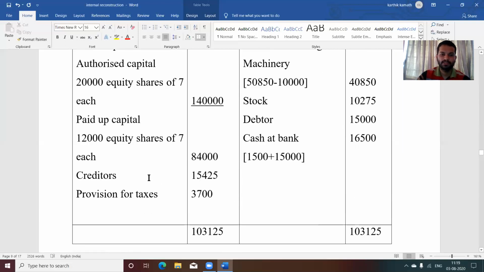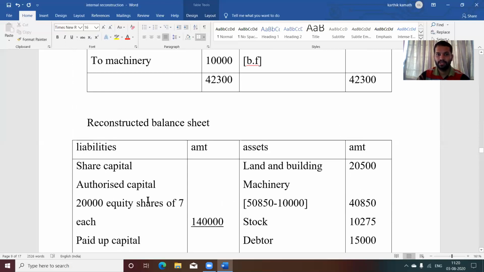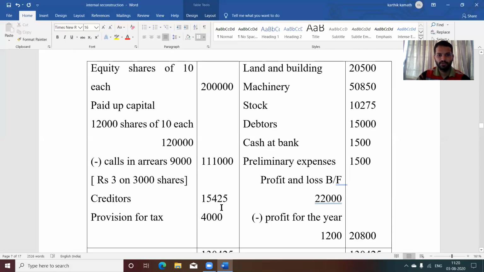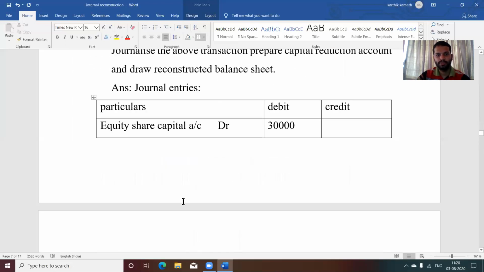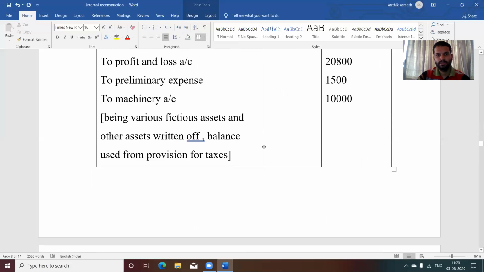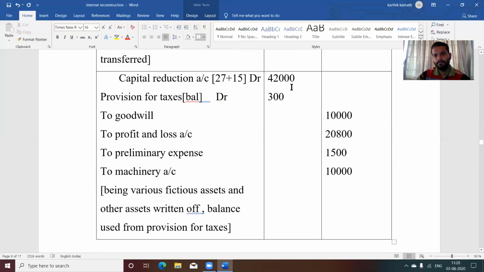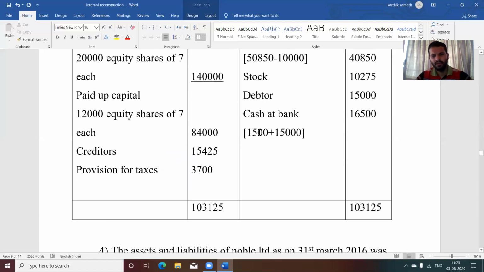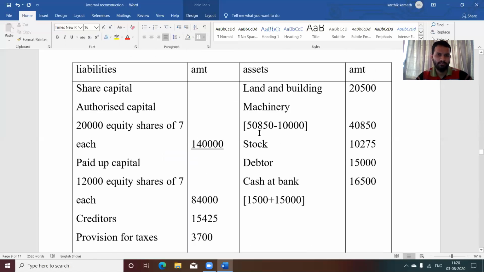Provision for taxes value is 4,000, but we have utilized 300, so we need to deduct. 4,000 minus 300, 3,700. So we are going to write the deducted value in the balance sheet.